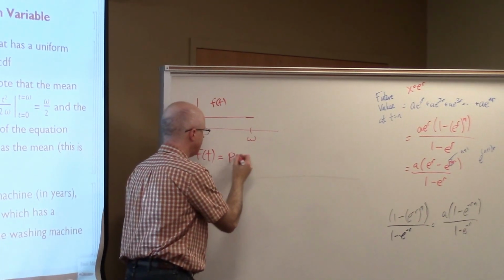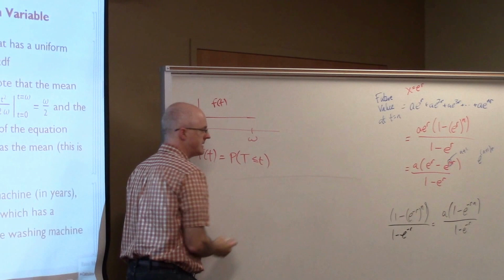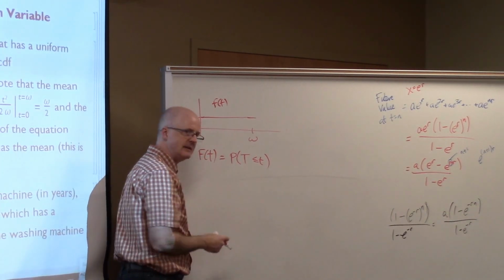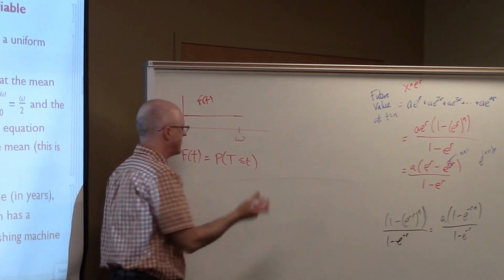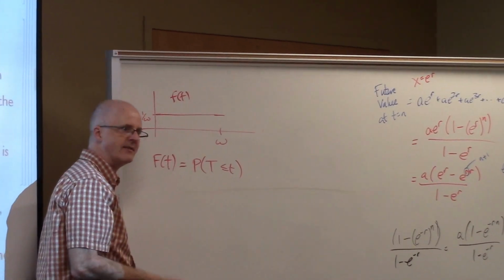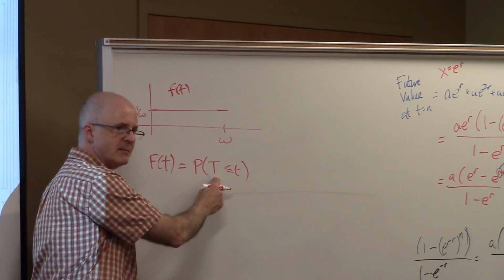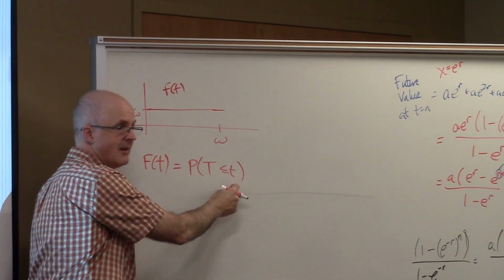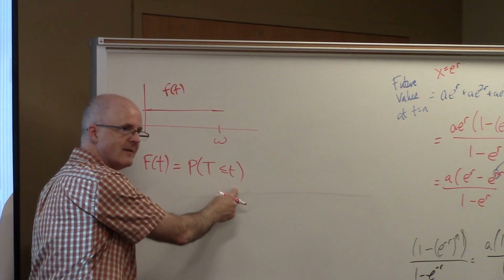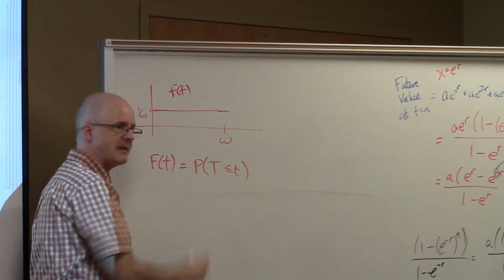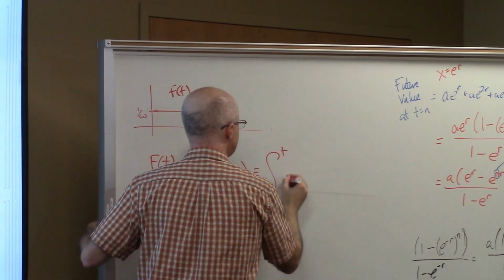In the abstract, it's the probability that your variable is less than or equal to that quantity t. Think of capital T as representing the actual lifetime of the washing machine. Think of t as being a particular instant in time that we're thinking about. We're wondering what is the probability that my washing machine will die before time t. It'll stop working.